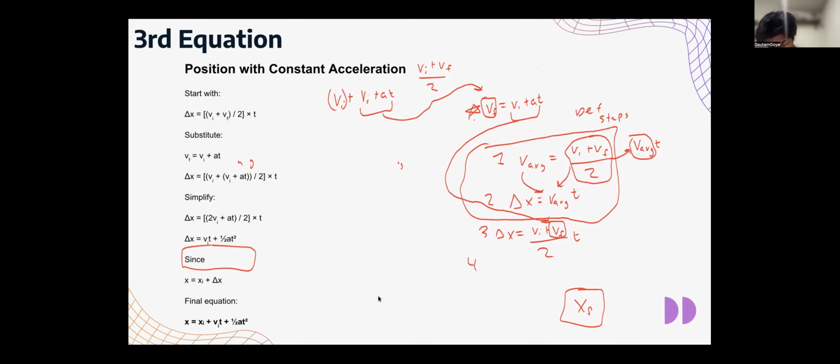Do you guys get this part where we do this? I'm going to label this step 5, and this is all over 2 times t, correct? Remember, we still have a over 2 and t. I just expanded it to make it easier for you guys to see, right? Correct?